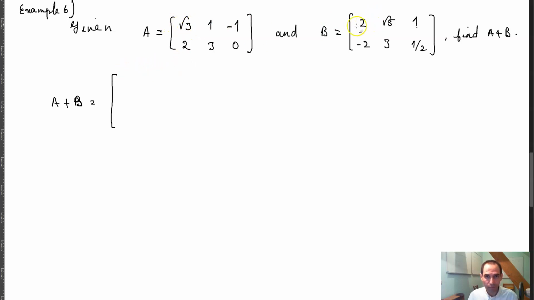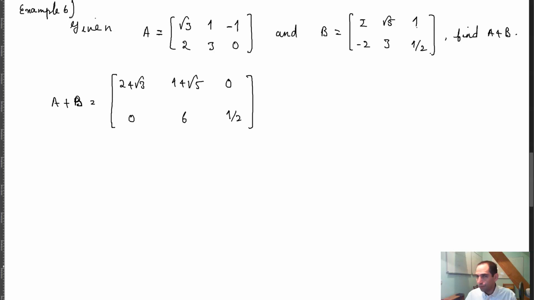So there you have 2 plus square root of 3, 1 plus the square root of 5, and then you have negative 1 plus 1 is equal to 0, 2 plus negative 2 is 0, 3 plus 3 is equal to 6, and there you will have 1/2, and that is A plus B.